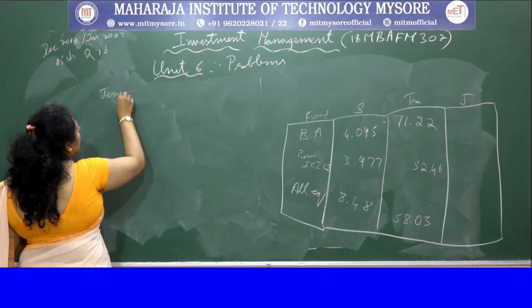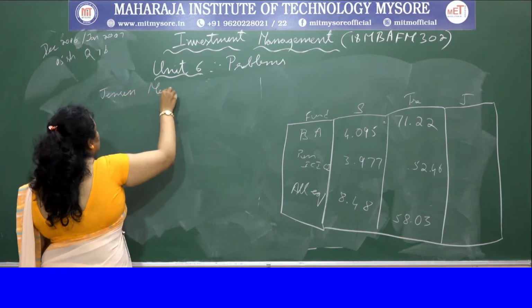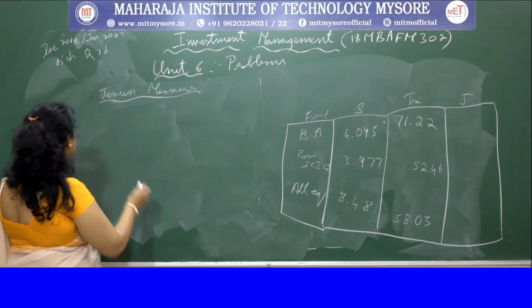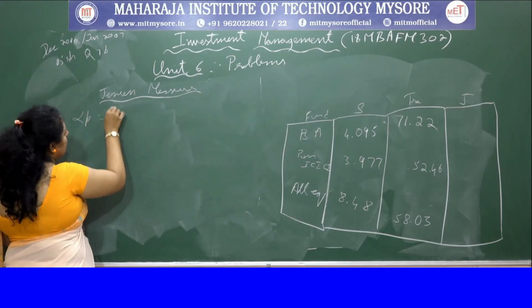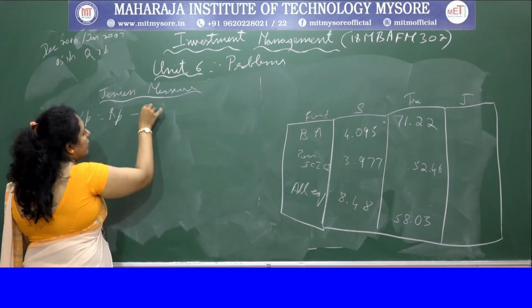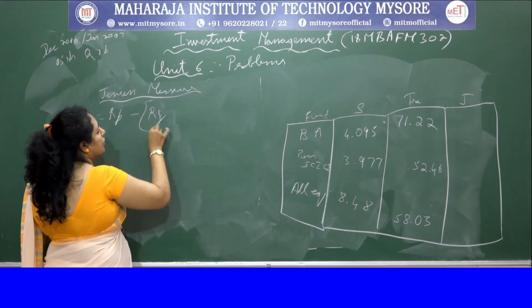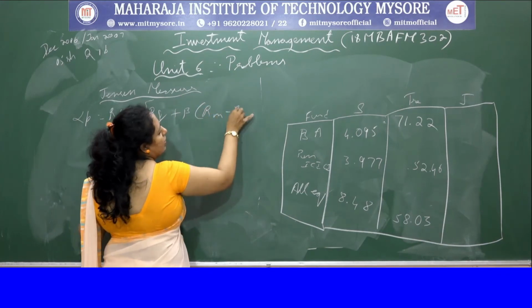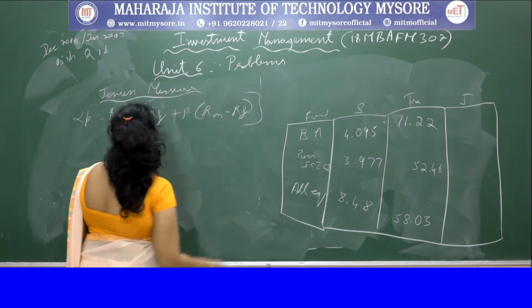Jensen's measure, let's apply the formula: Rp minus [Rf plus beta (Rm minus Rf)]. So this is the formula.